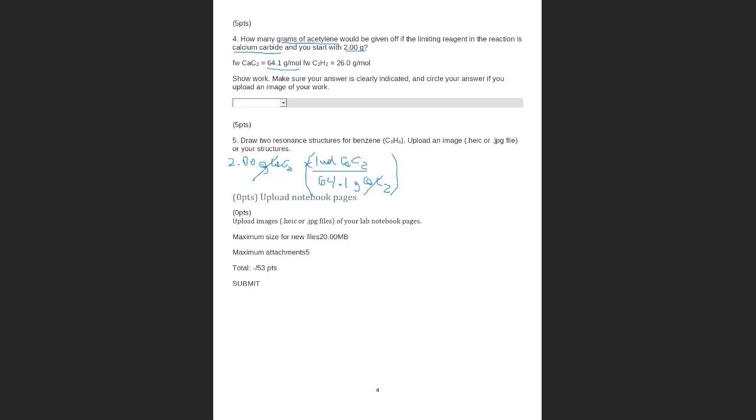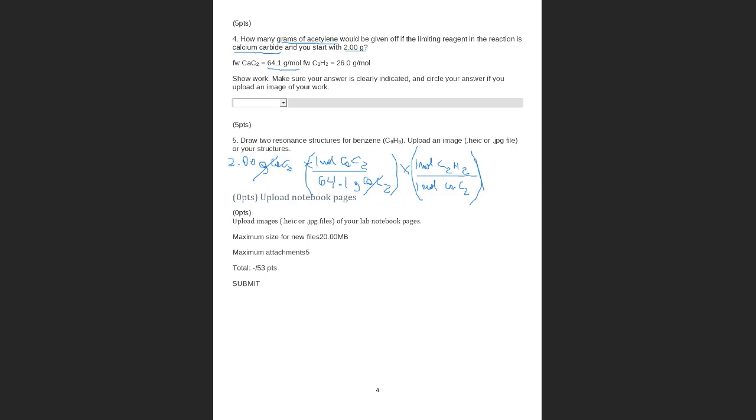But what are they asking? They want to know the grams of acetylene. So now I have to work with the molar ratio. You know that 1 mole of acetylene comes from 1 mole of calcium carbide. The ratio is 1 to 1.